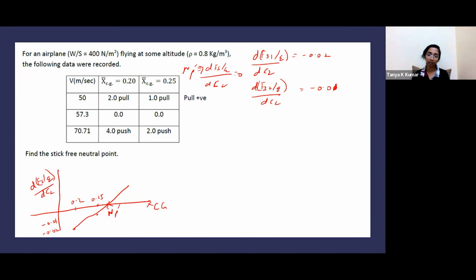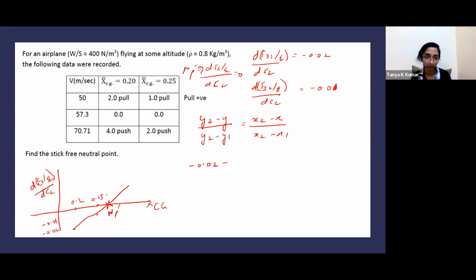How do we do that? We know that's a straight line. How do you find out the point of a straight line? y2 minus y by y2 minus y1 is equal to x2 minus x by x2 minus x1. y2 is minus 0.02. y is the coordinate at this location.